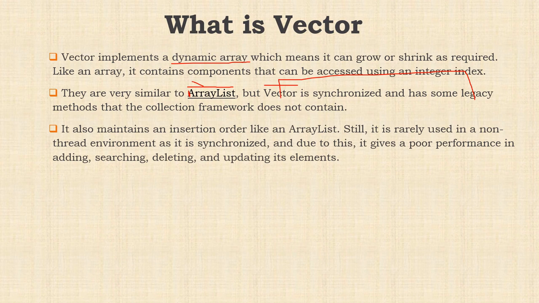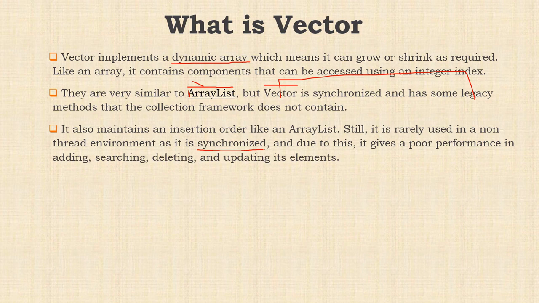Still, it is rarely used in a non-thread environment as it is synchronized. Since vector is synchronized, it is better not to use it in a multi-threaded environment, because you may get an incorrect value if multiple threads try to fetch your value. In that scenario you may get incorrect output.